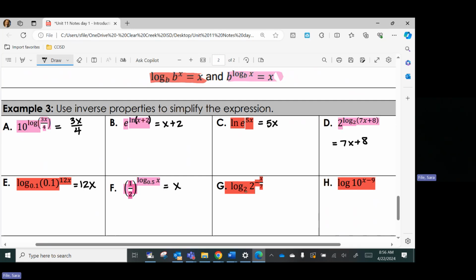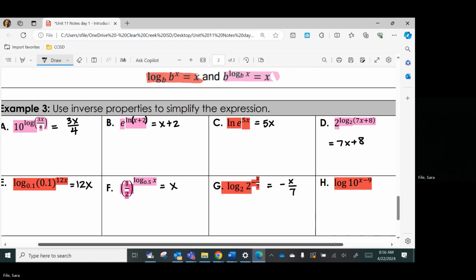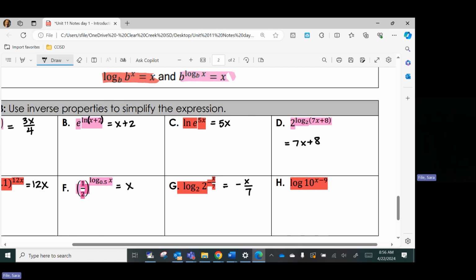So again, log base 2 of 2 is going to negate, and I'm going to be simply left with the negative x over 7. Here, the base is an understood 10, so log base 10 of 10 is going to negate and just leave me with x minus 9.